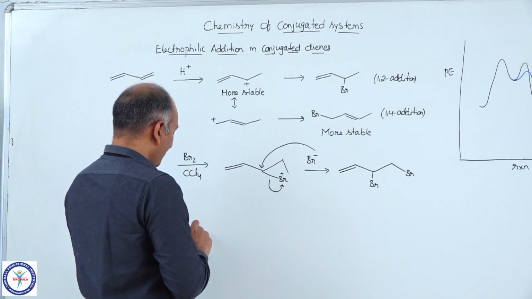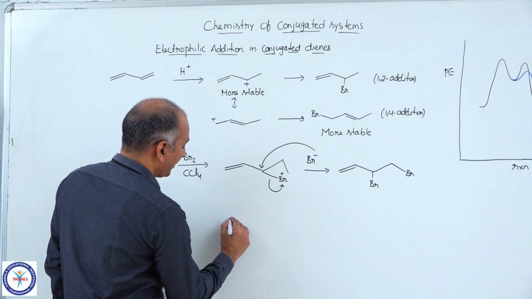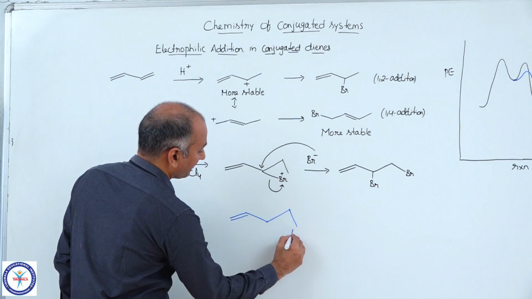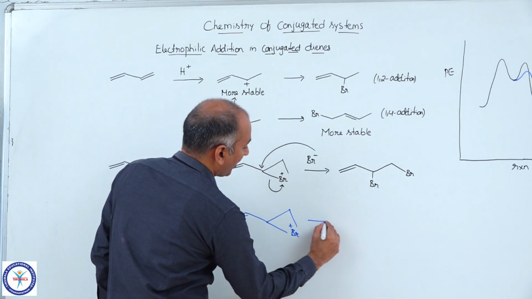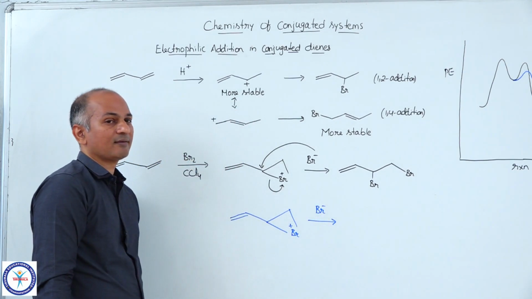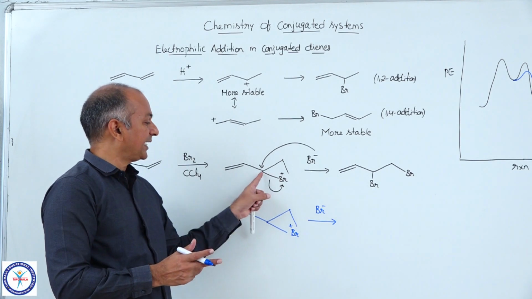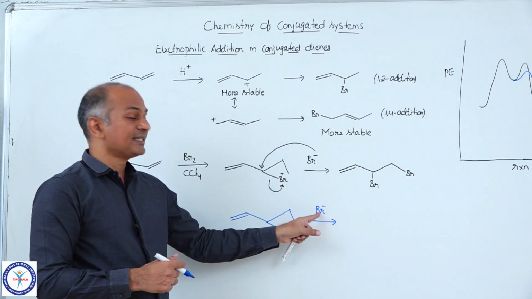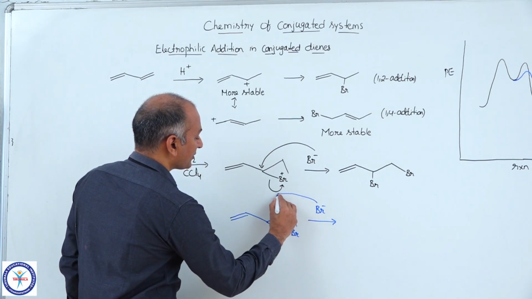Now, for example, if you take another pathway, let me take the same intermediate, the cyclic halonium ion, until the first step everything is the same. Now let us see another pathway. Can you show me where else Br minus can attack? Br minus can attack here, and that results in the formation of the 1,2 addition product. And where else can this Br minus attack? The Br minus can attack this carbon also.